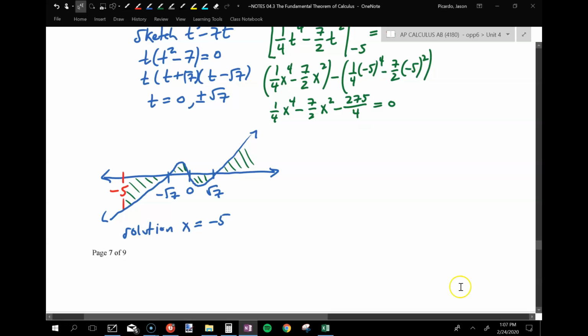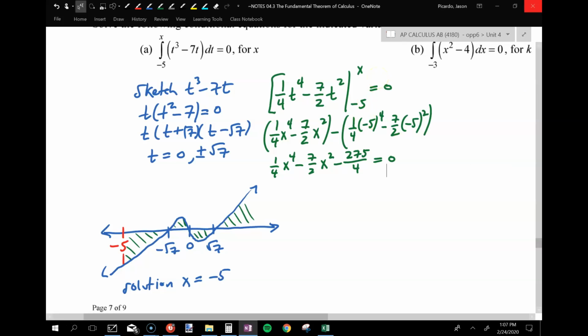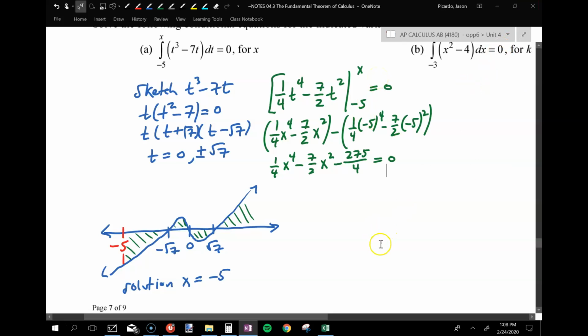I plugged in the x and got this. I plugged in the constant and got this. Now here's the difference. Oh, I see what you're saying. Hold that thought. Cedric, what can I do to get rid of these things in the bottom? Multiply everything by 4.